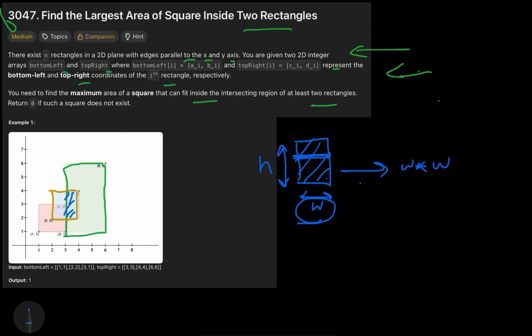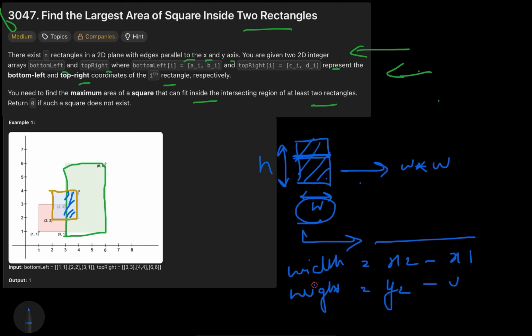And how we'll calculate this intersecting area is by traversing through all the coordinates and taking the width as x2 minus x1 and height as y2 minus y1.